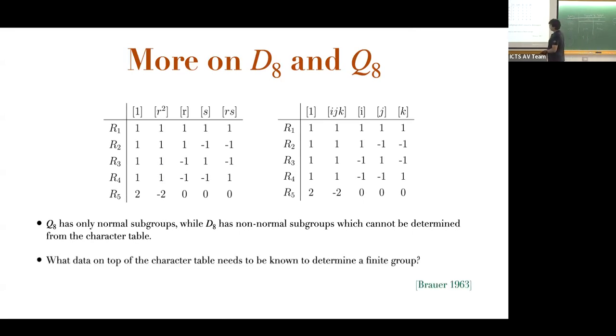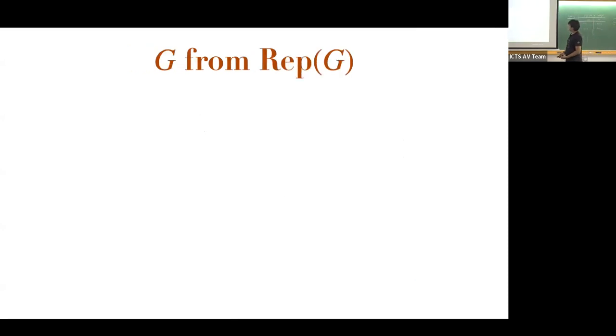So the question is, what data on top of the character table do we need to distinguish a group? Which is a question in group theory that people have studied a lot. So let us look at some data on top of the character table that we can use to determine the group. We looked at Wilson lines and their fusion rules, but the fusion rules are not the only data associated with the Wilson lines. Wilson lines have associativity properties, crossing relations.